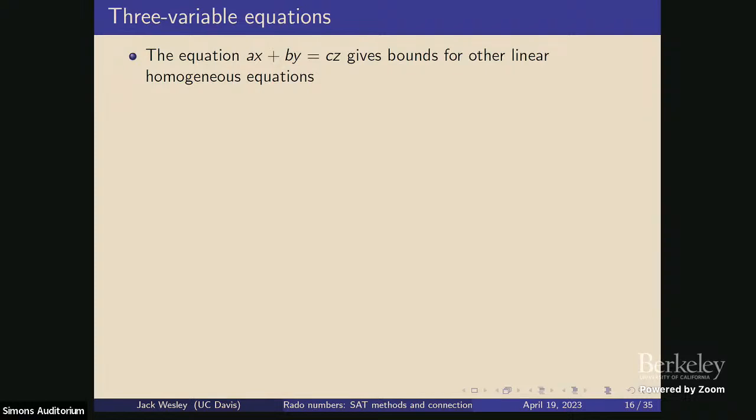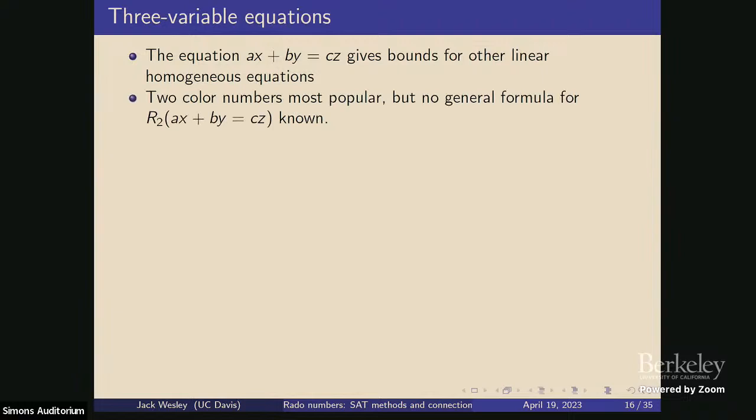So this equation, ax plus by equals cz, the Rado numbers. This equation will give you upper bounds for any other homogeneous equation with more variables. And the 2-color numbers are the most popular. These have been studied by far the most often, but we still don't have a general formula for ax plus by equals cz.